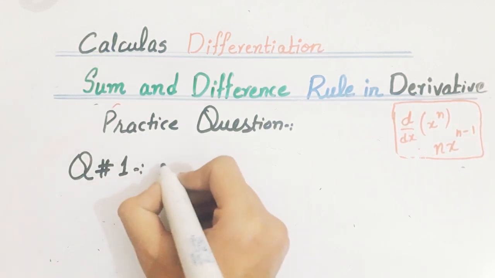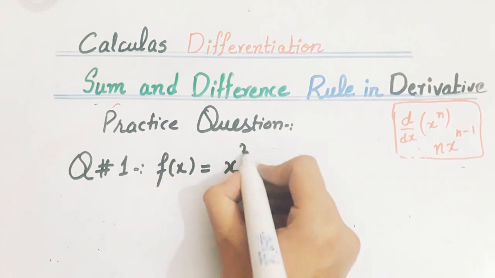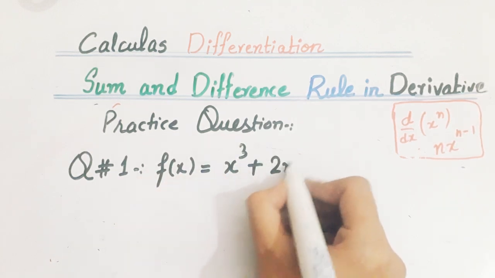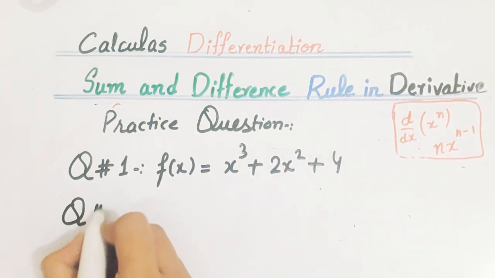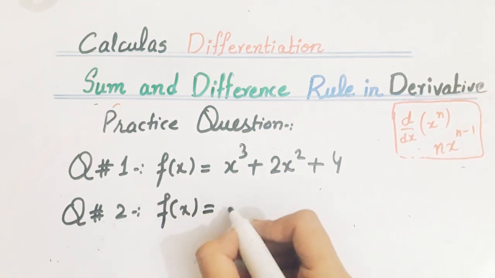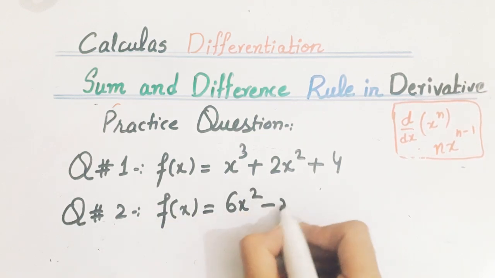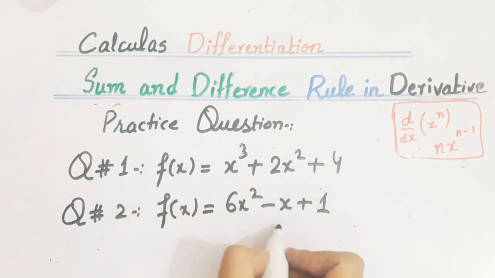Question number 1 is, if f of x equals x cube plus 2x square plus 4, and question number 2 is, f of x equals 6x square minus x plus 1. Try to find the derivative of both.